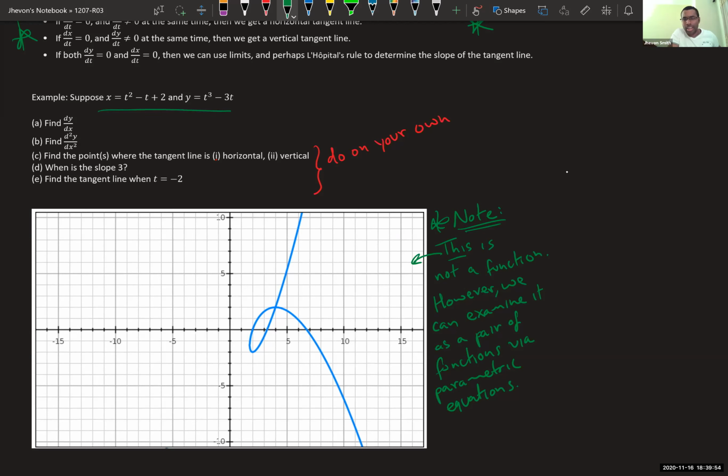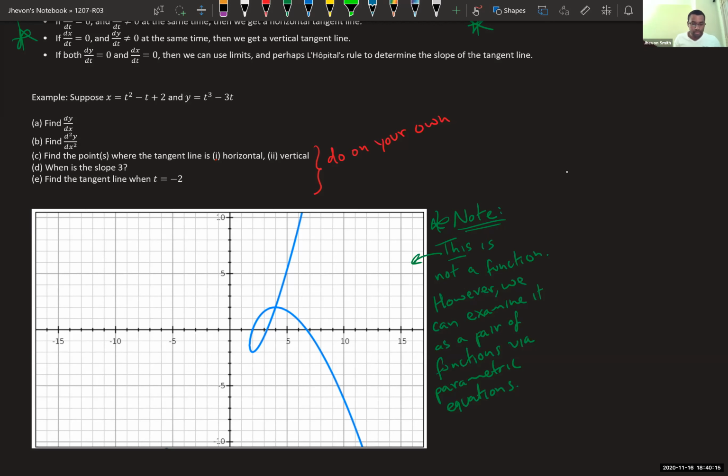My x is a quadratic and my y is a cubic, and I know how to deal with those individually very well. So sometimes it's actually to your benefit, even if you have a scalar version of a curve, to transform it to a parametric version of the curve, because there's a lot of machinery and functionality you can have by doing that as opposed to not.